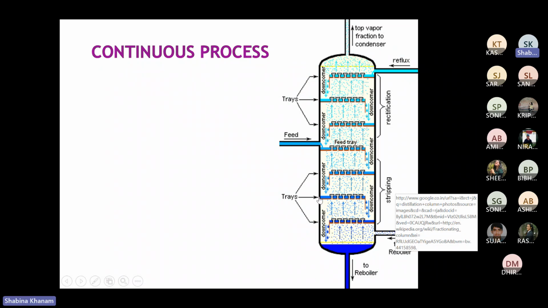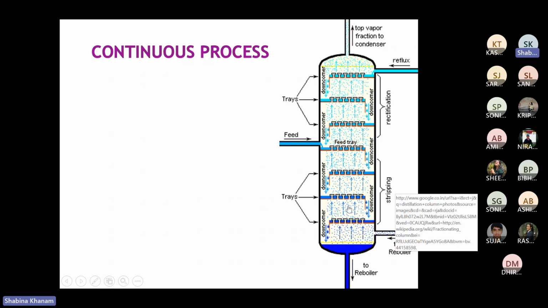Actually, the distillation column is a cylindrical assembly, a cylindrical vessel. So this plate is not only attached to this side, it is attached to the inner periphery, whatever the cross section of the plate would be.